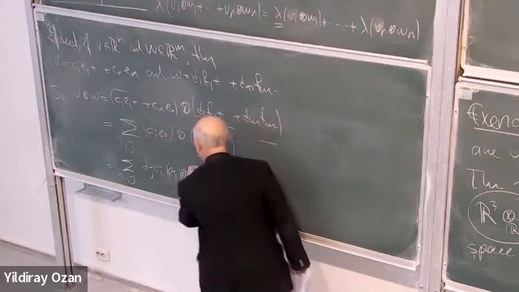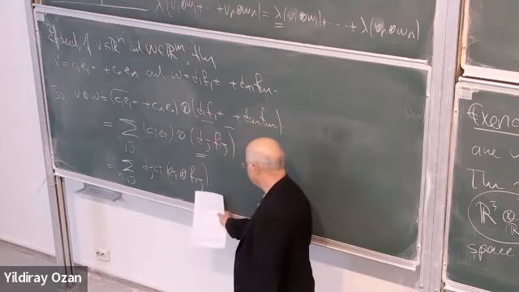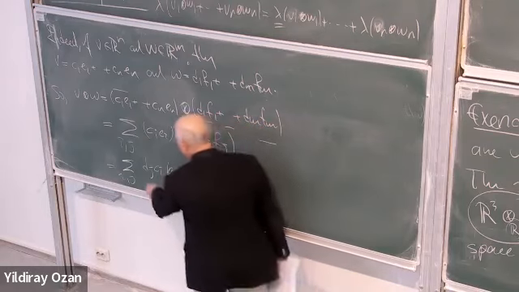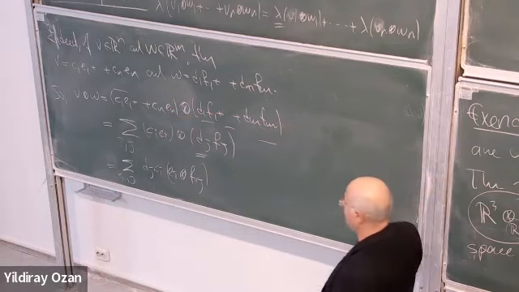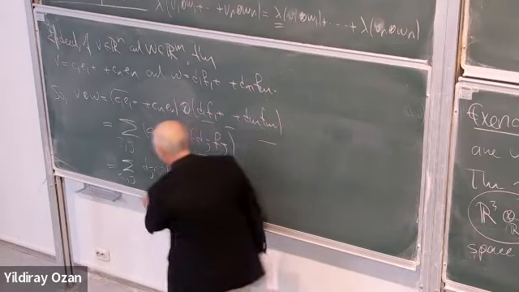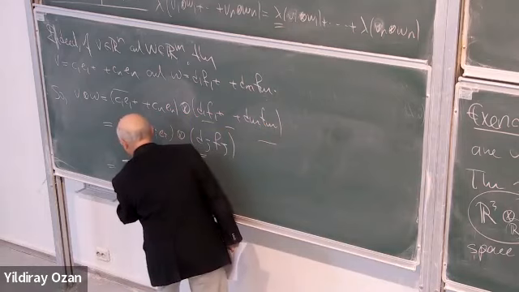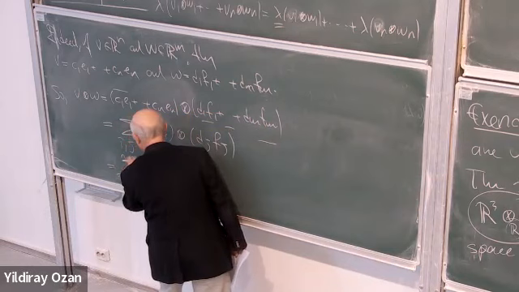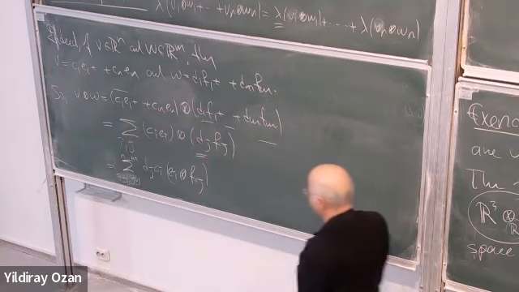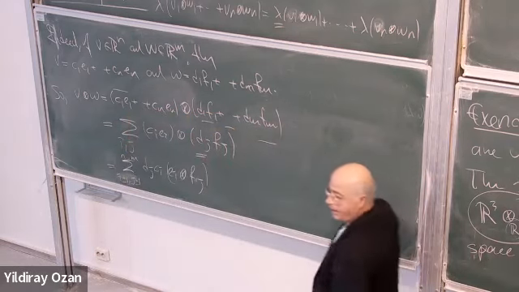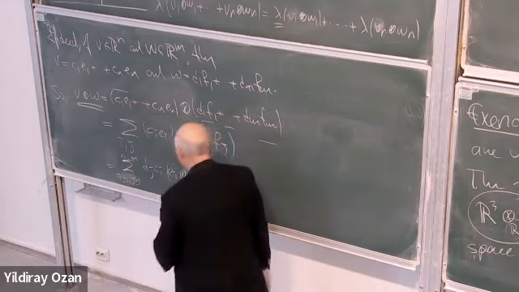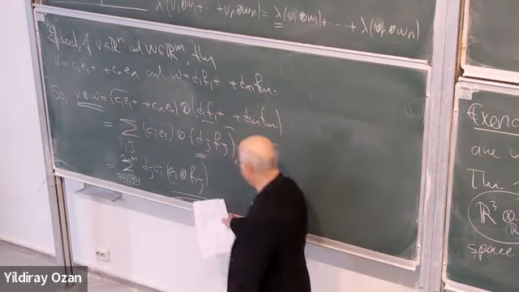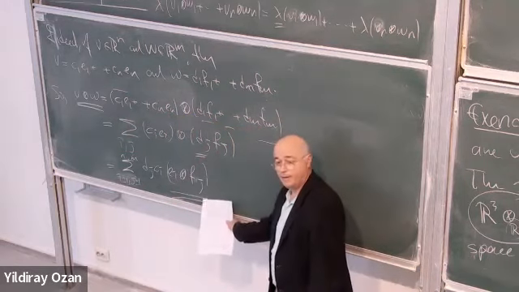So we have this term e_i tensor f_j, and the scalar is just d_j times c_i, and the summation is, of course, i from 1 to n, j from 1 to m. So any element of this type is written as a linear combination of these elements.